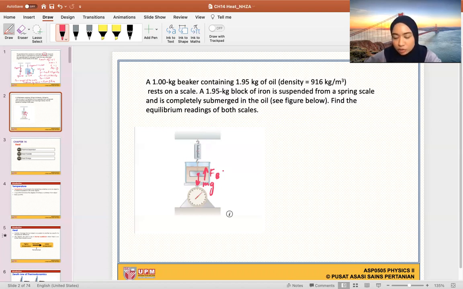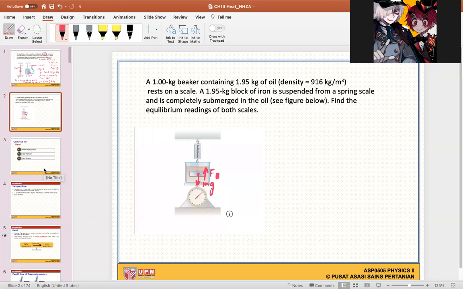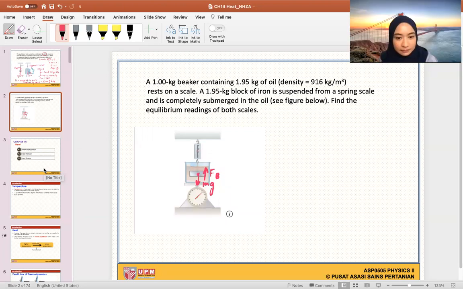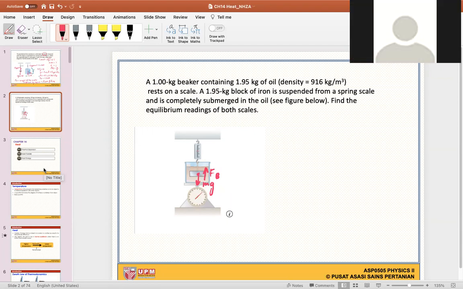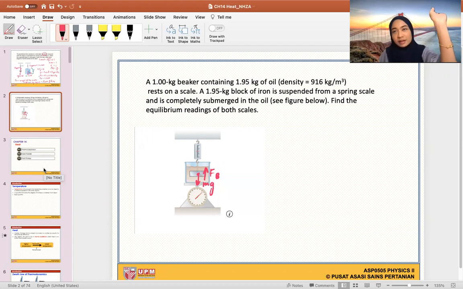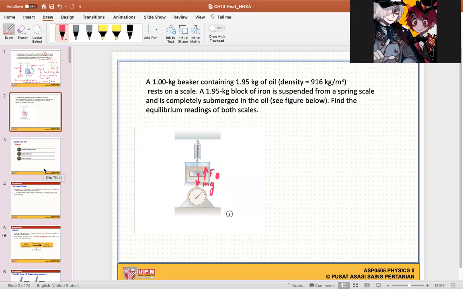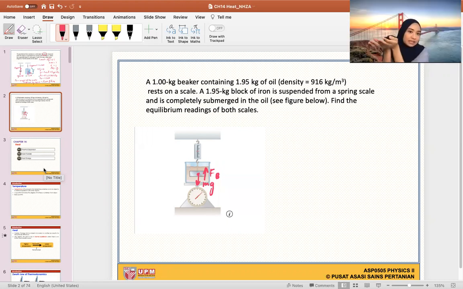Am I detecting the actual weight or something lighter? Can anyone answer me, please? Everyone's confused? Try, come on, guys. Something lighter. Why? Because of the F buoyant. The F buoyant is pushing, it supports some of the weight. Yes, it takes some of the weight. So what pulls the scale is less, right?